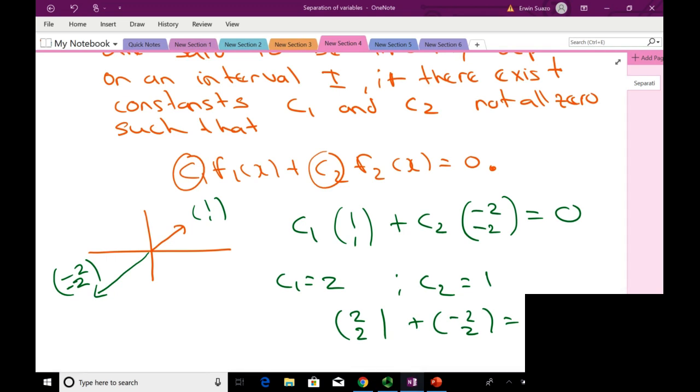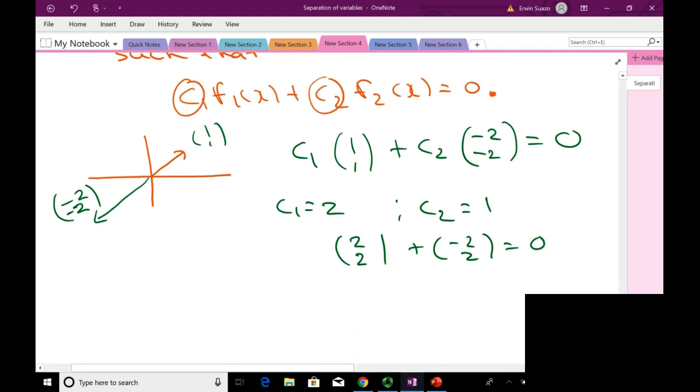But we saw last time that if the determinant of these two things is 0, they are linearly dependent. For example, let's do this one: (1, 1) and (-2, -2). This is 1 times -2, minus 1 times -2.